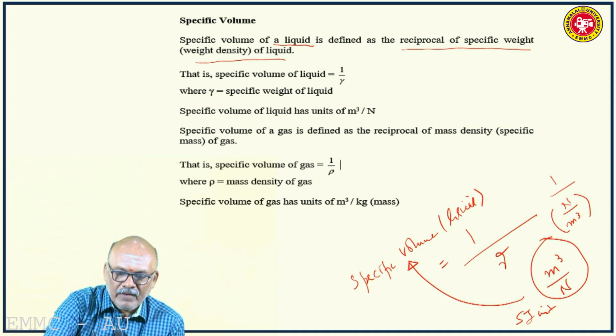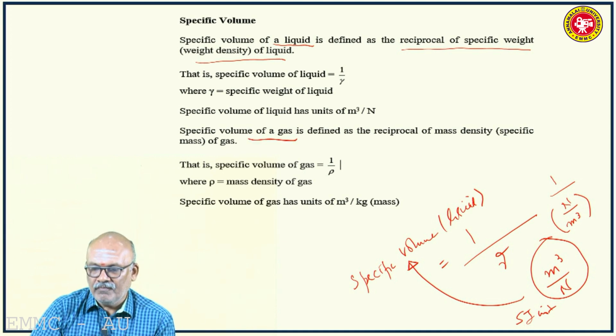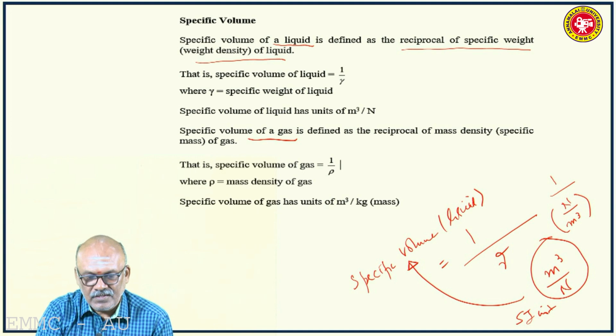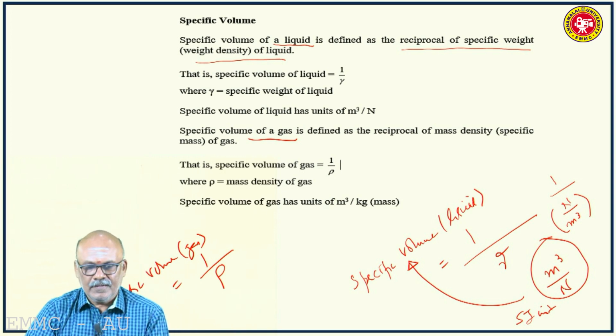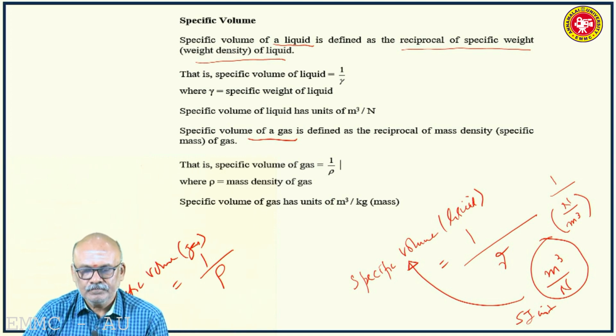Now specific volume of a gas, how is it defined? It is defined as the reciprocal of mass density. So specific volume of a gas is defined as the reciprocal of mass density of the gas, so 1 by rho.